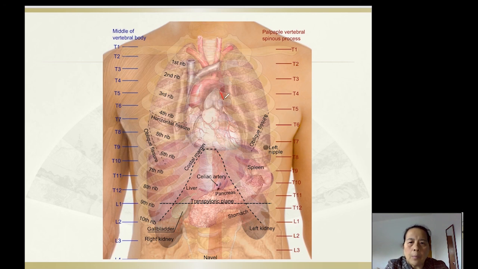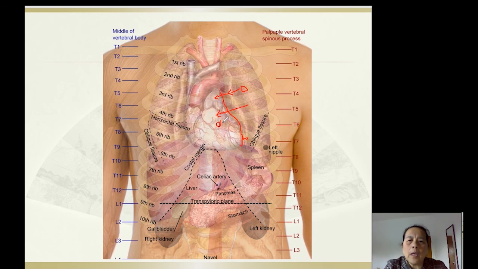If we find the edge of the heart here, on the left side, then our fingers move. I put my fingers here first, and then I move gradually, following the intercostal space, in this direction. That means from the beginning I hear the sounds coming from the lung, and then I hear the sounds coming from the heart.